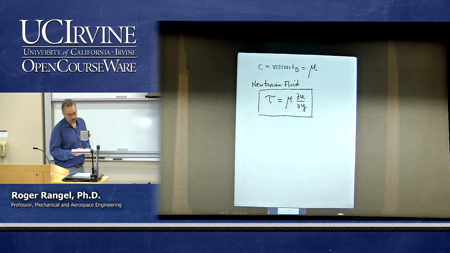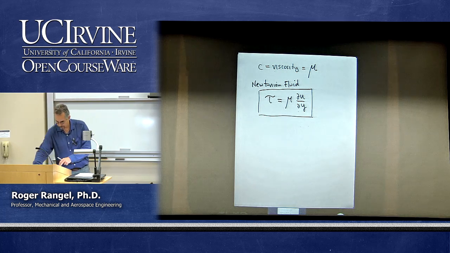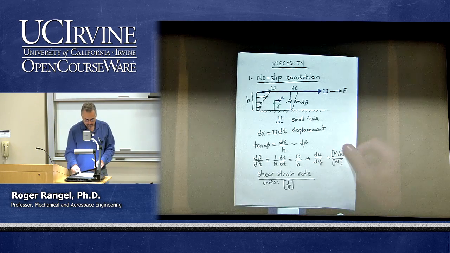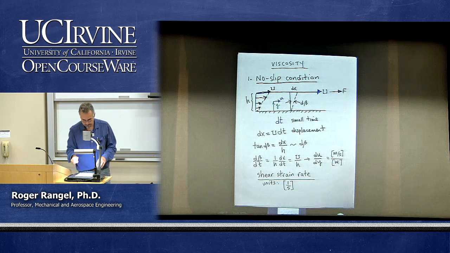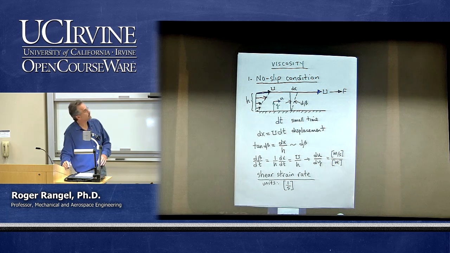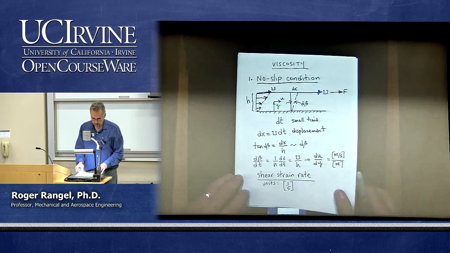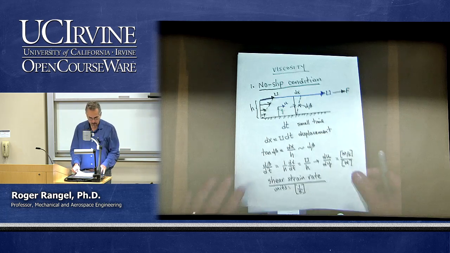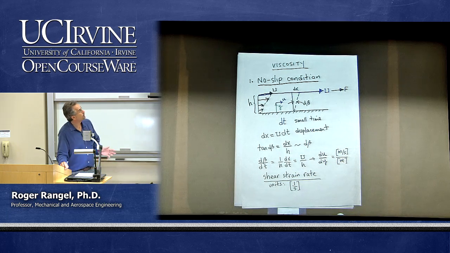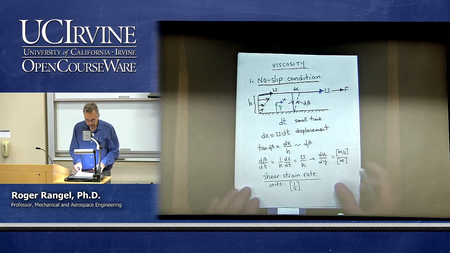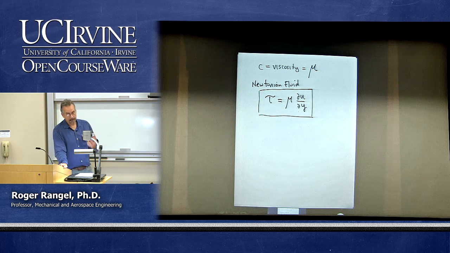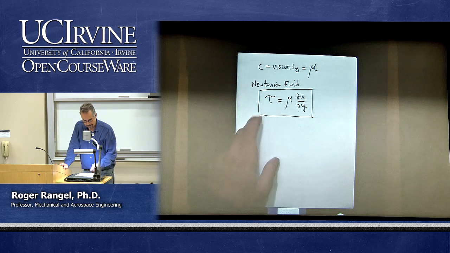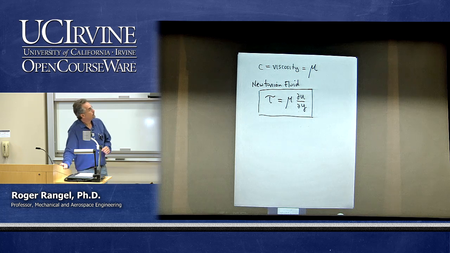Now, admittedly, this was a very simple experiment because we were simply looking at one type of deformation. We had the fluid between two parallel plates and we were moving one of the plates. So we really constrained the problem to this very simple geometry. If we were dealing with a much more complicated geometry in which there might be motion and deformation in different directions, then the relationship would be more complicated than this, but it would maintain that linearity between shear stresses and shear strain rates.